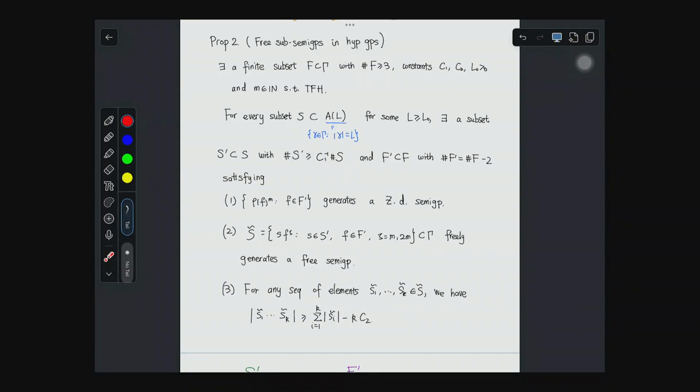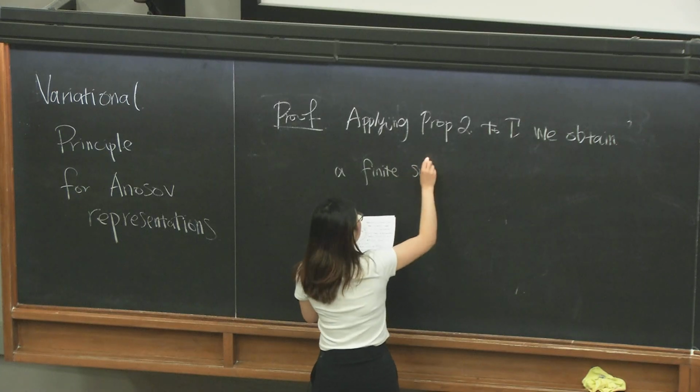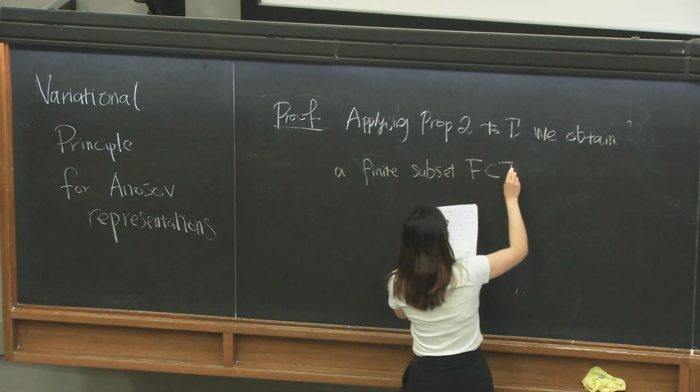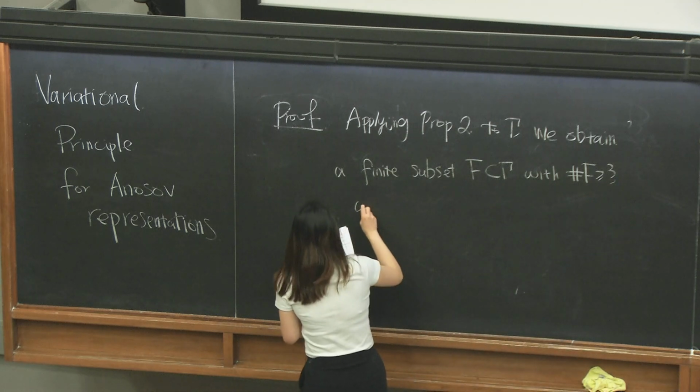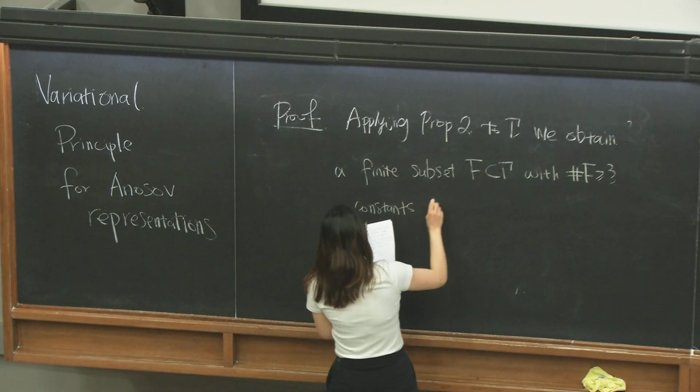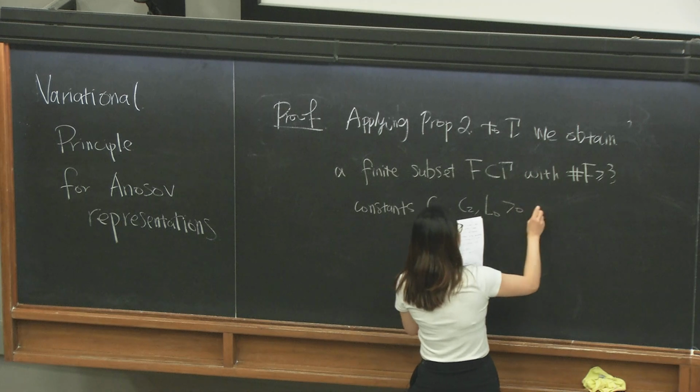So now I'm going to apply this proposition to my Gamma, and I know that first of all I have a set F, with the cardinality of F greater or equal than 3, and also I have some constants, say C1, C2, L0, and some M.